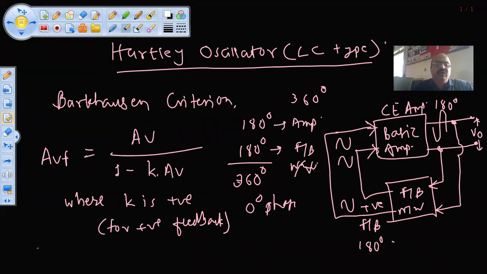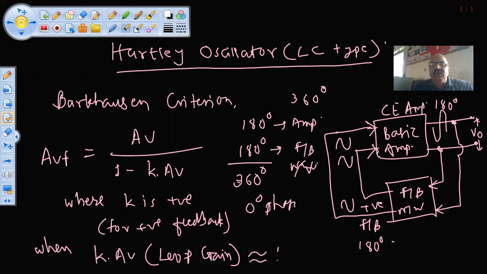Now, when K times AV, which is called the loop gain, is nearly equal to 1, what will happen? This factor becomes 1 minus 1, that is 0. So AVF tends towards infinity or maximum value. And when AVF tends towards the maximum value, the circuit starts oscillating.